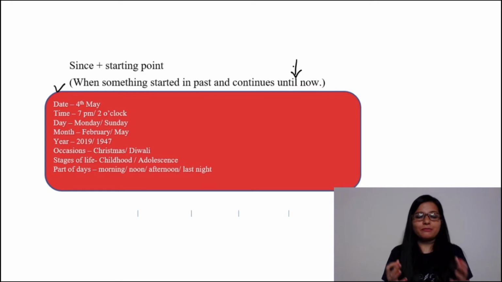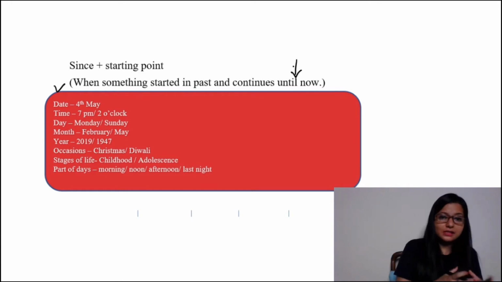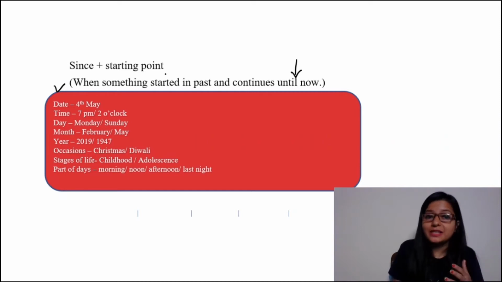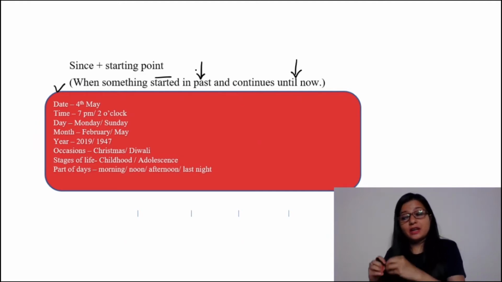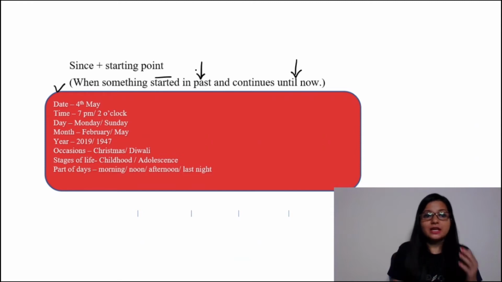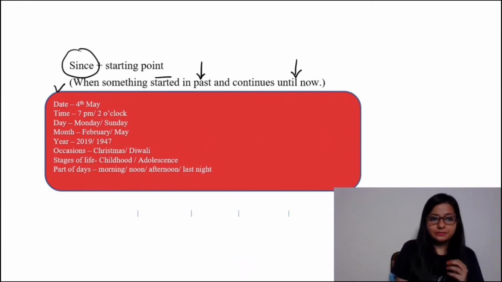Whenever you see a time, always use since before that. What does it show? It shows that something started in the past but continues until now. That means it is still in progress in the present. That is what you want to show when you use since.